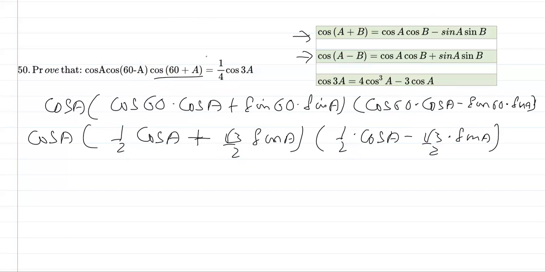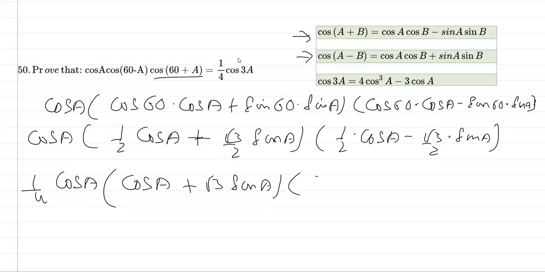Why doing so? Because I can see that in the RHS, we need 1/4. That was the reason I'm taking common. So straight away, I'm writing 1/4 here. What we are left with is cos A plus √3 times sin A, and then over here, cos A minus √3 times sin A. Now we can clearly see there is an identity applicable here, (A plus B) into (A minus B), which is A square minus B square.